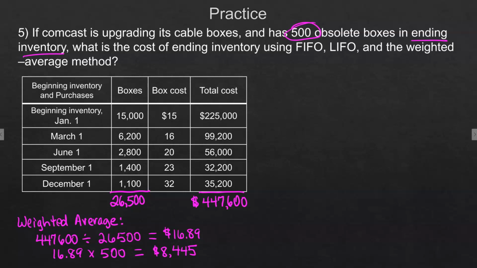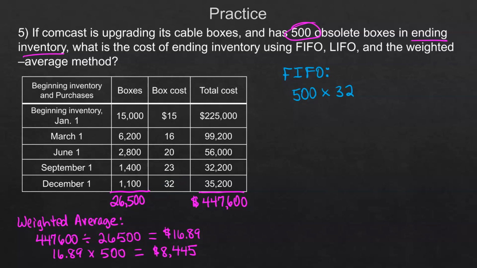Now let's go up and do first in, first out. Okay, so first in, first out means I'm at the top, right? Everything that's at the top of this would be sold, and I'm left with 500 boxes. And so from December 1st, I'm going to take 500 boxes times $32, because it's 32 right here.